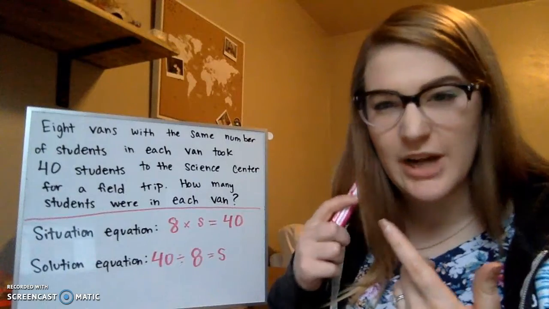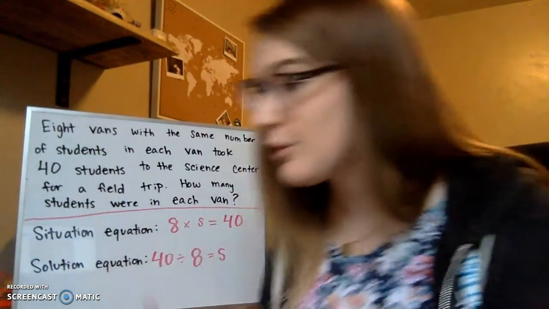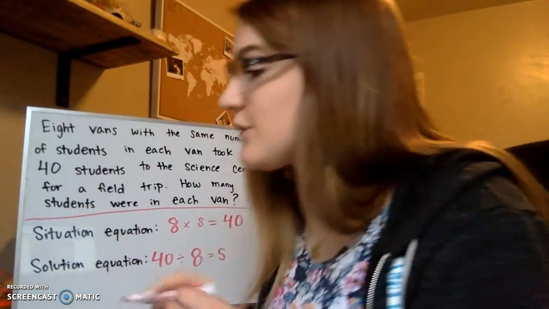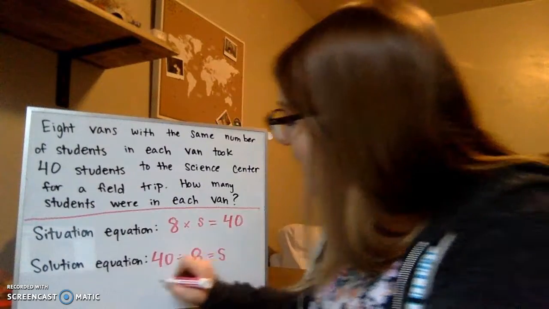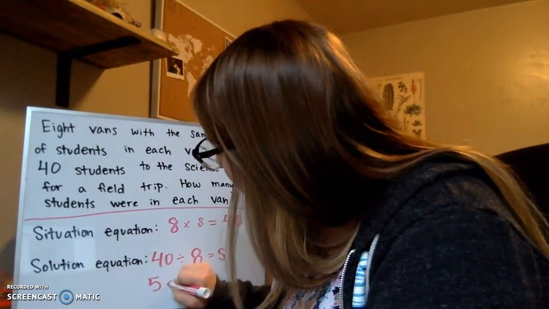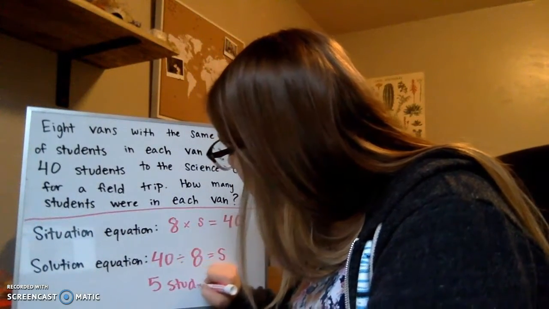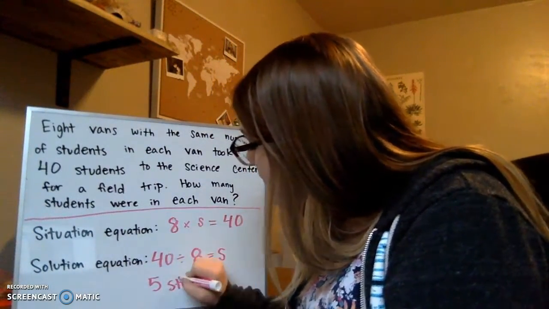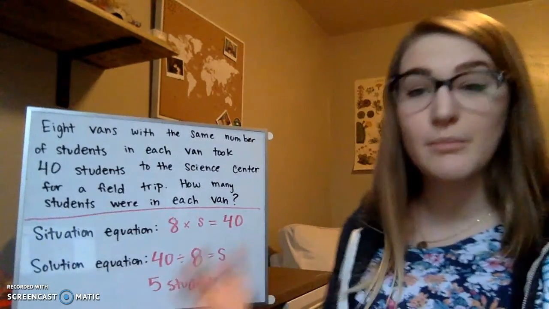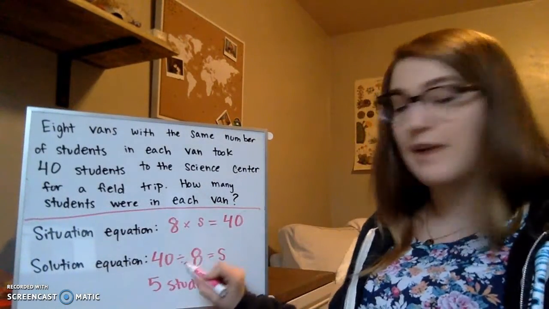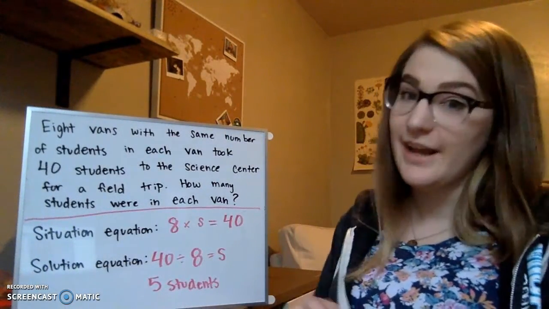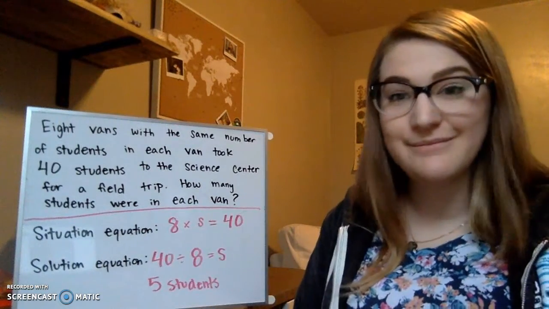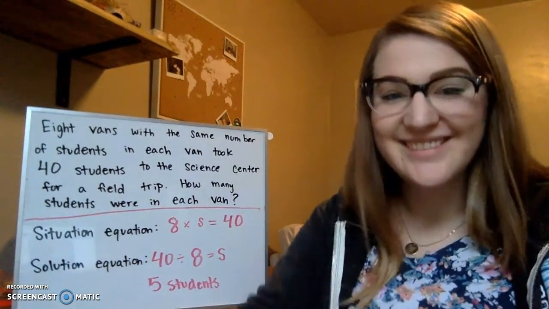Or if you know it in your head, 8 times what equals 40, you find your solution of 5 students. So there are 5 students per van, because 40 divided by 8 equals 5, and 8 times 5 equals 40. So there's that for you.